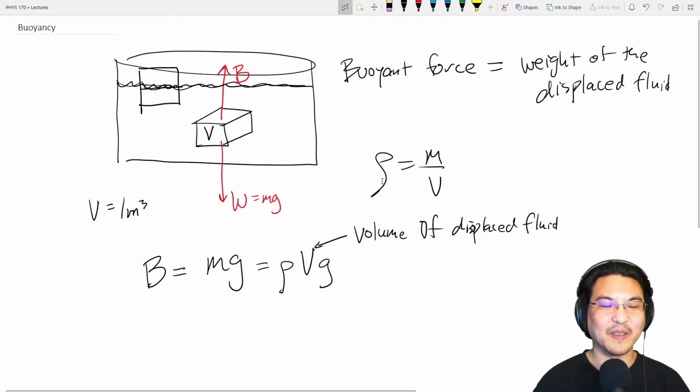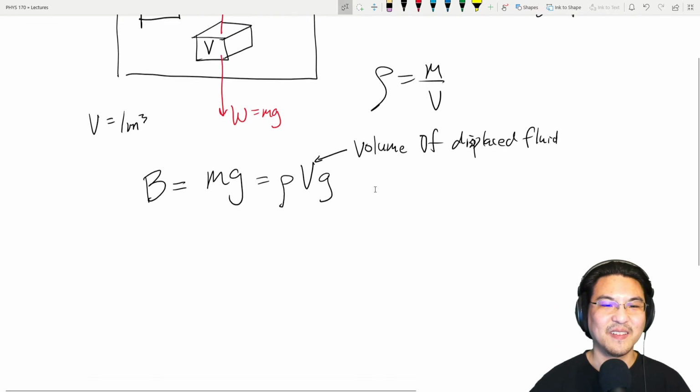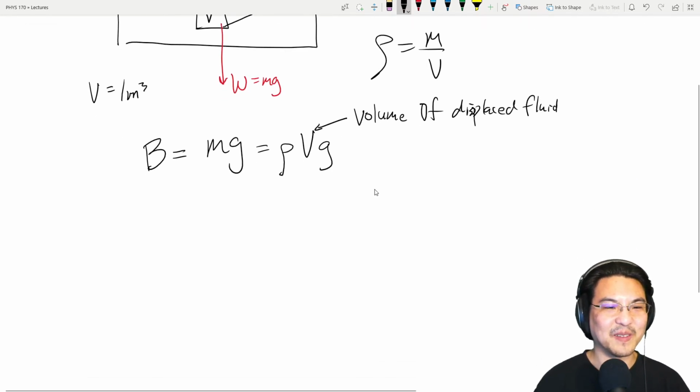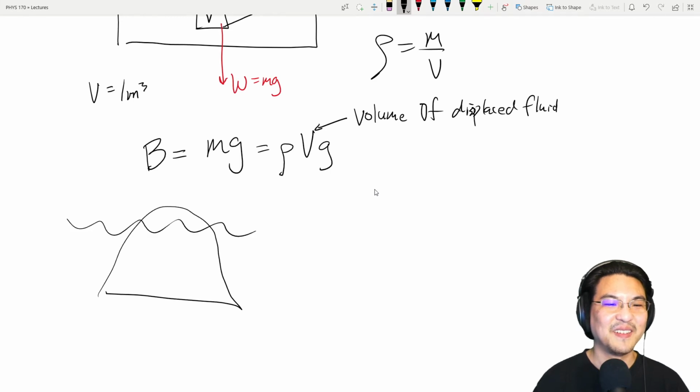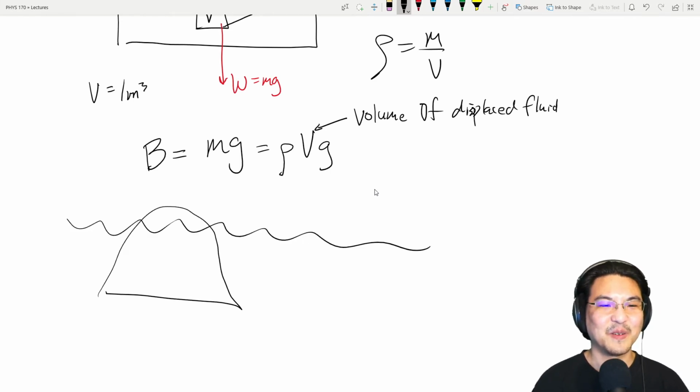So let's give an example. Let's say I didn't know it was halfway floating in and out of the water. So a different example: there's an iceberg. How much of the iceberg is above the water? How much is below the water? Let's say we know the density of the ice, and we know the density of the water.